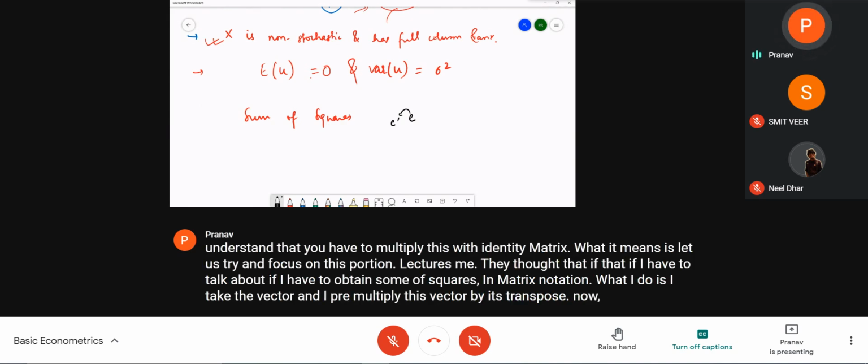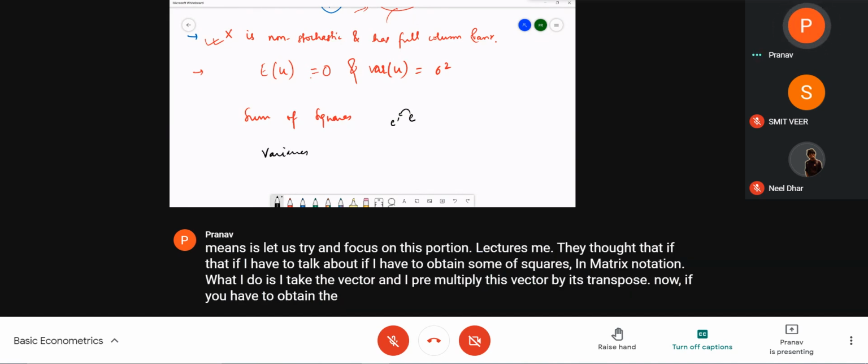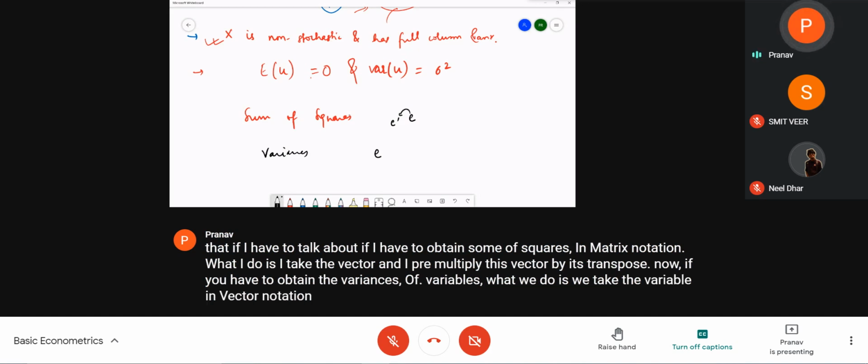Now, if you have to obtain the variances of variables, what we do is we take the variable in vector notation and post multiply this vector by its transpose.